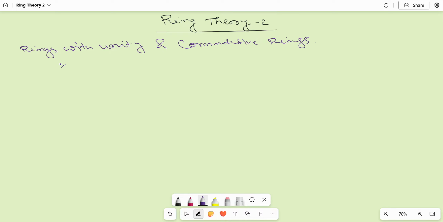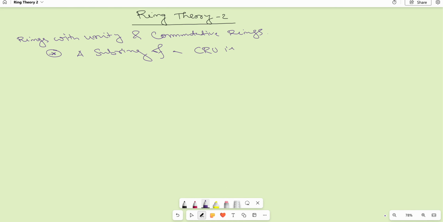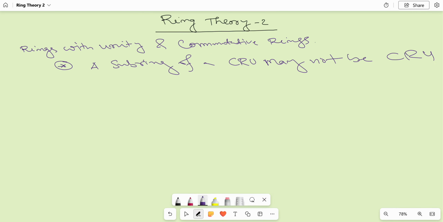We have also seen that a subring of a CRU, that means a commutative ring with unity, may not be a CRU.